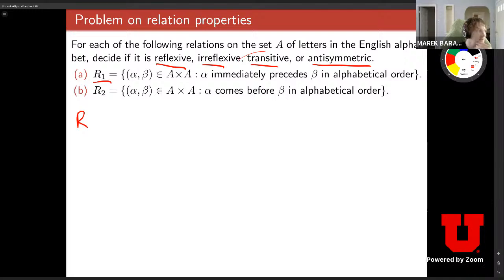Relation 1 says that for all pairs of letters in the product of the alphabet with itself, alpha immediately precedes beta in alphabetical order. So does someone want to remind me of the definition of a reflexive property?